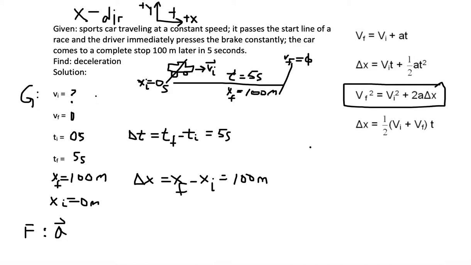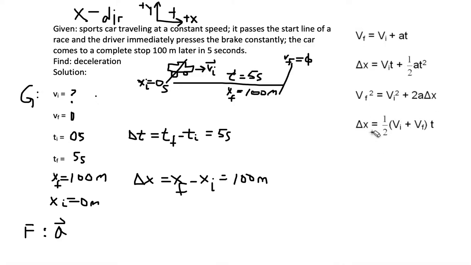Let's use the third equation. V final squared is equal to V initial squared plus 2ax. Oh, we can't use this because we've got acceleration. So we need to use the fourth equation.